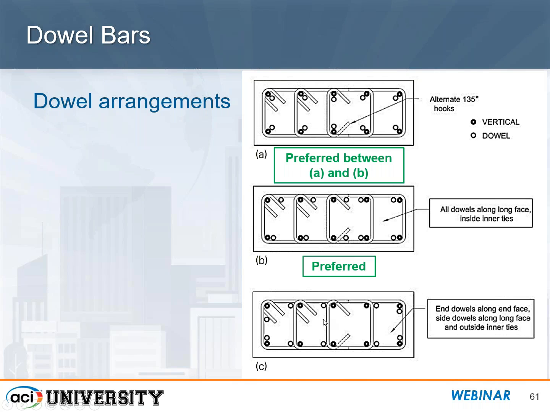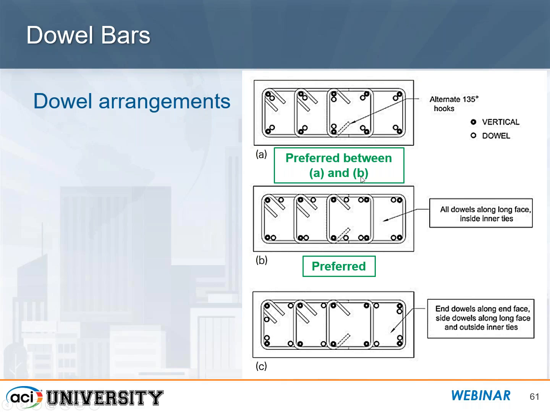You can't move this really much, but you can move this to make things fit. And it's for that main reason why we prefer the dowel bars to be on either the inside or the outside of these hooks, just for constructability purposes.